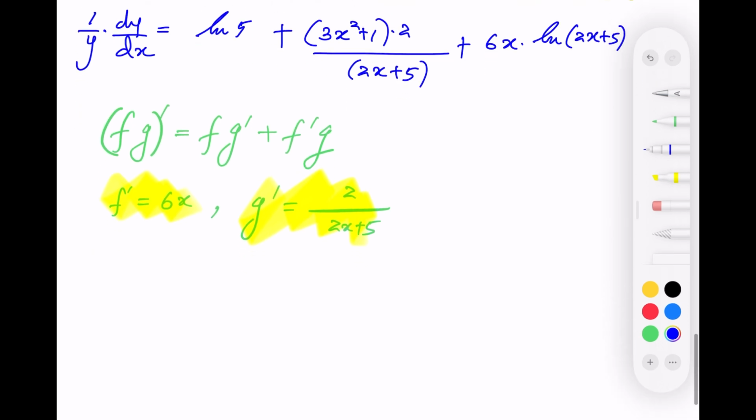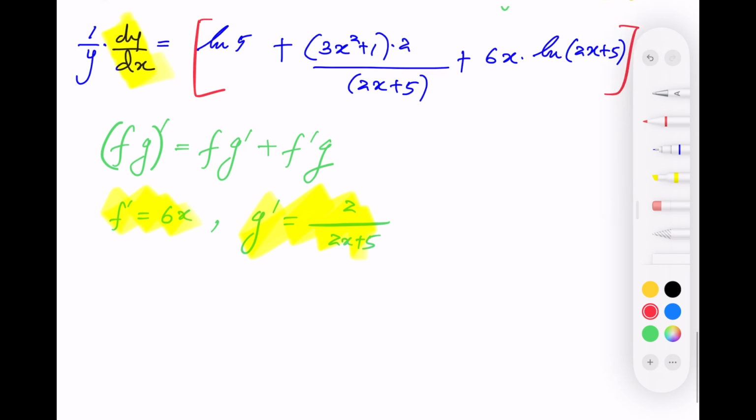Now we are mostly done, but we still have to do some more because I need to make dy by dx the subject. In order to do that, all I have to do is consider this right hand side completely inside brackets, and then I need to multiply both sides by y so that I can get rid of the 1 over y term on the left hand side.